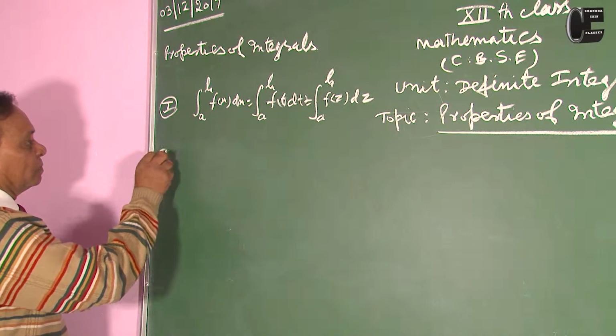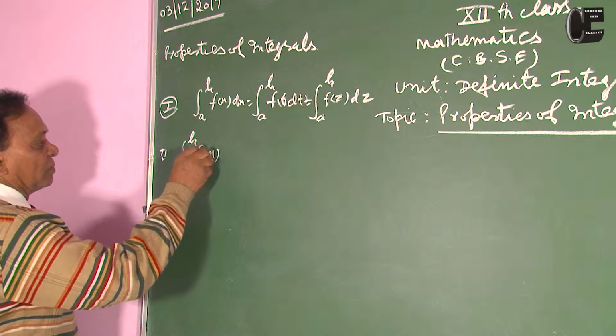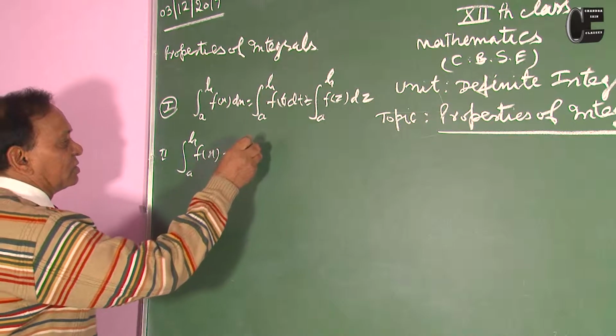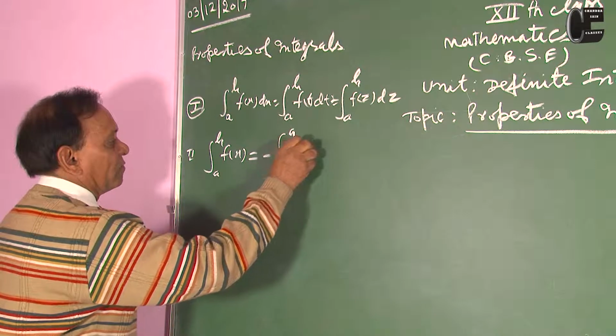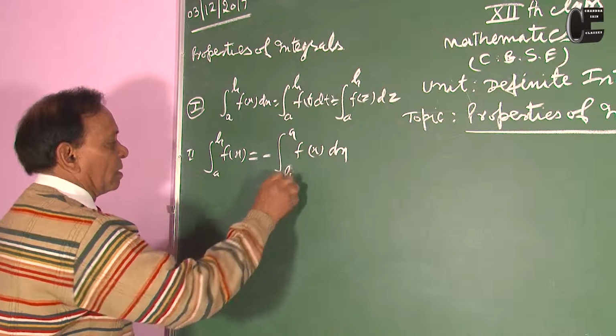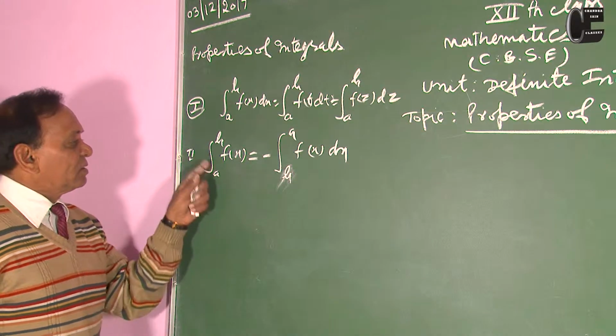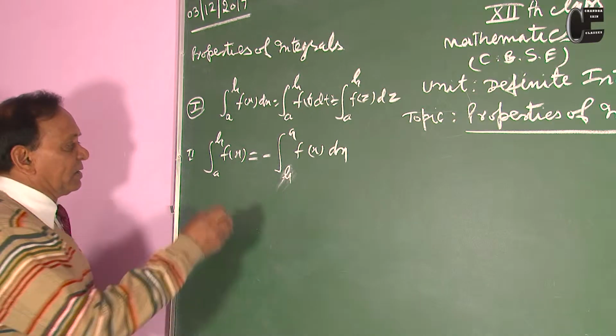Number 2: integral from a to b of f(x) dx will be minus integral from b to a of f(x) dx. It means if we interchange the limits, sign will be reversed for the integral.